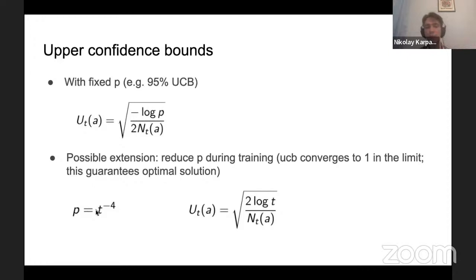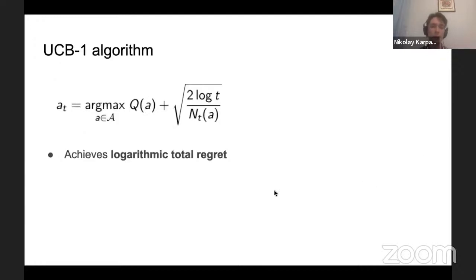So we can use some kind of schedule for the parameter of probability, and this would give us this formula for computing upper confidence bounds. So now we come to the complete algorithm called UCB1, where we select the action with the highest upper confidence bound of the distribution of Q values.